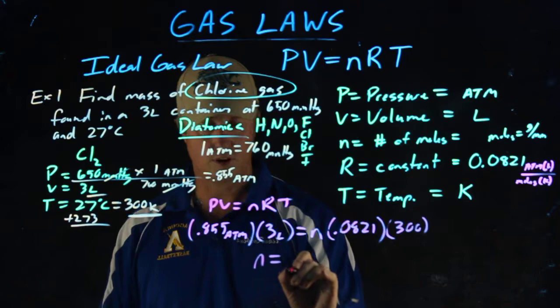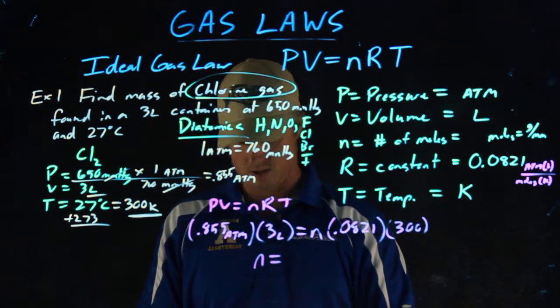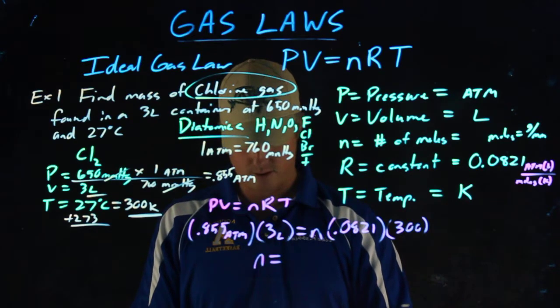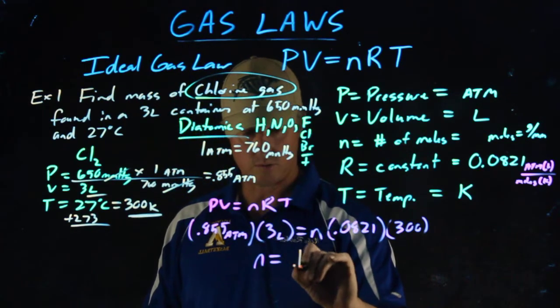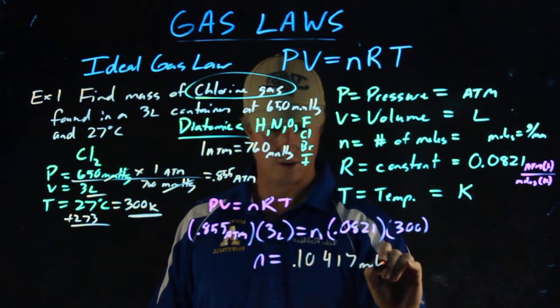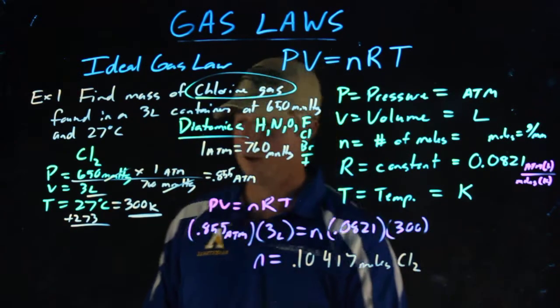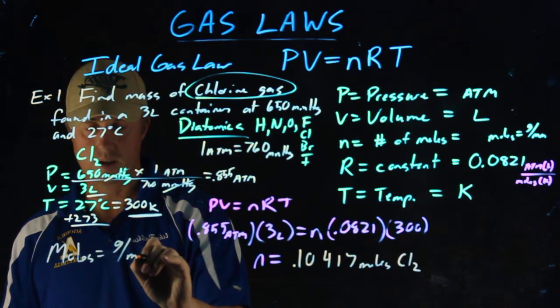This will allow me to solve for my number of moles. Let's work that out real quickly. So times 3 divided by 0.0821 divided by 300. So I currently have 0.10417 moles of Cl2.